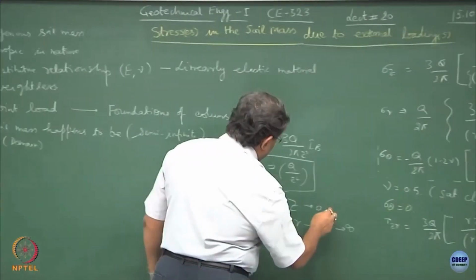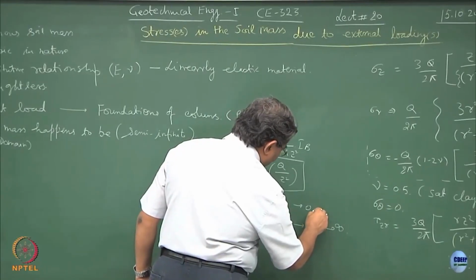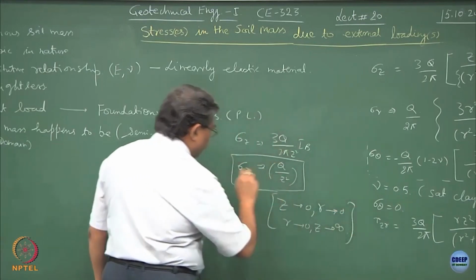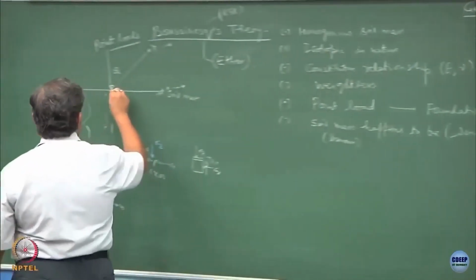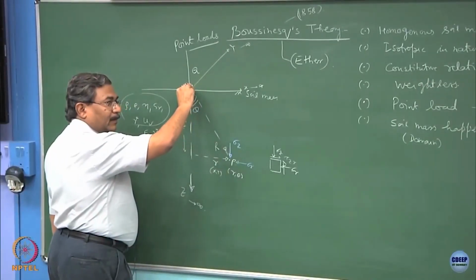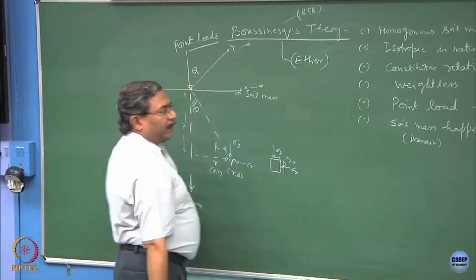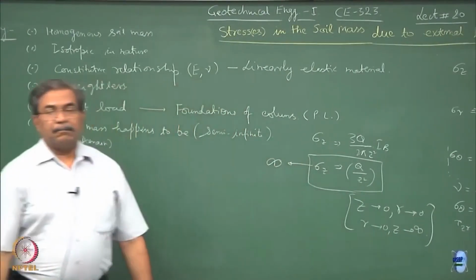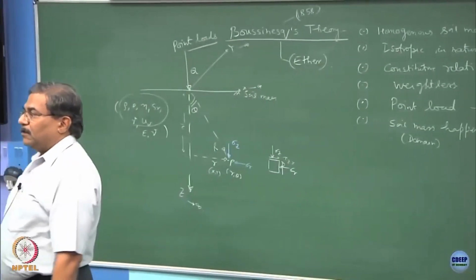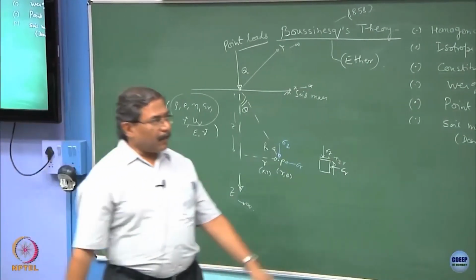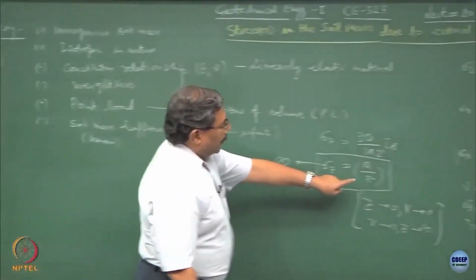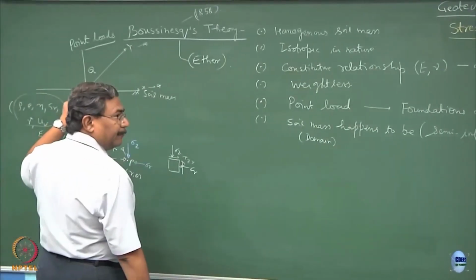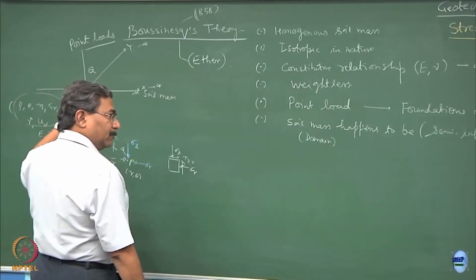The second thing in which I will be interested is z tending to 0, r tending to 0. So, z tending to 0, r tending to 0 is this point, clear. So, what is the stress at this point? Sigma z tends to infinity, clear. So, this is the issue, because when r and z tend to 0, this becomes a point load, the stress at this point is going to be infinity, one of the abnormalities of the solutions.